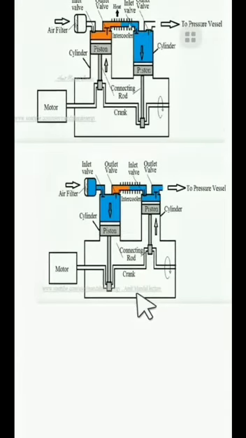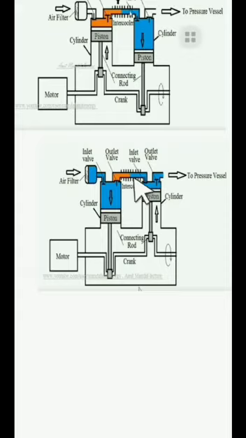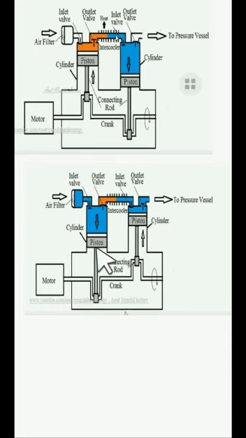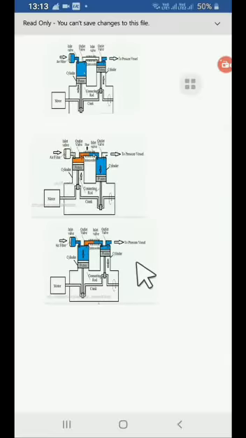Now this cold air enters into the high pressure cylinder as the piston moves downward. Then the piston moves upward, which compresses the cold air coming out from the intercooler and pushes this compressed air to the pressure vessel. So in the two-stage compression process, we have seen that the amount of work needed to compress the air to high pressure is reduced compared to single stage compression.